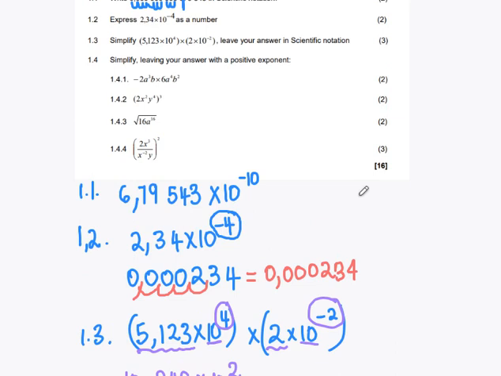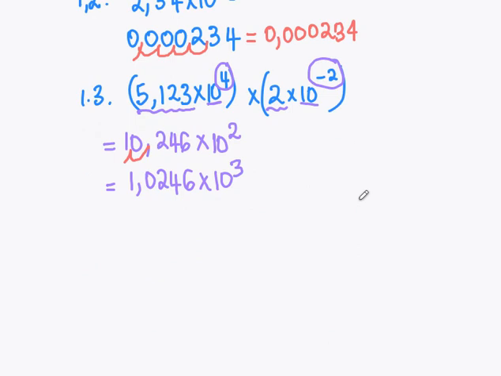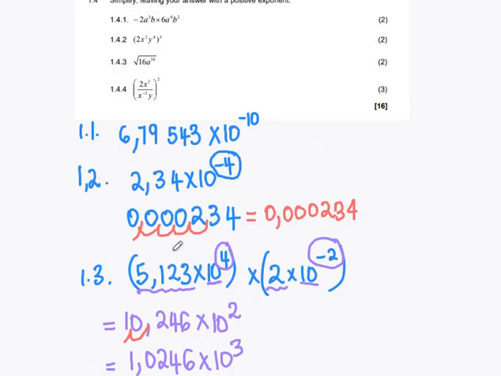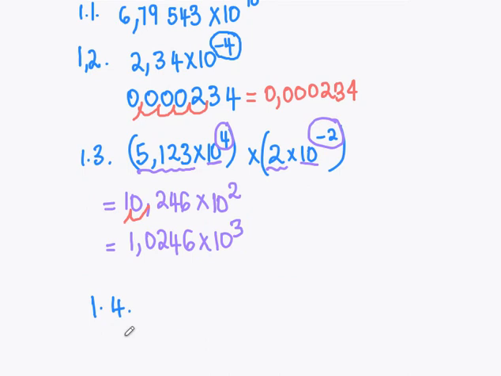So we're now going to move to 1.4. Simplify, leaving your answer with positive exponents. So we will simplify these now. 1.4, so let's look at the first one, 1.4.1.